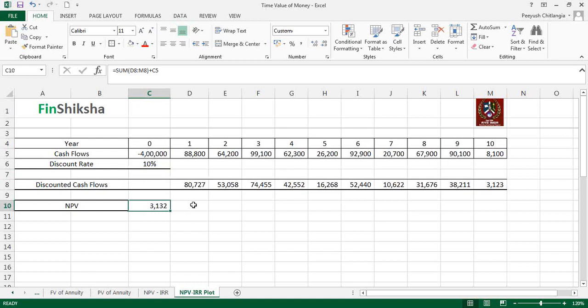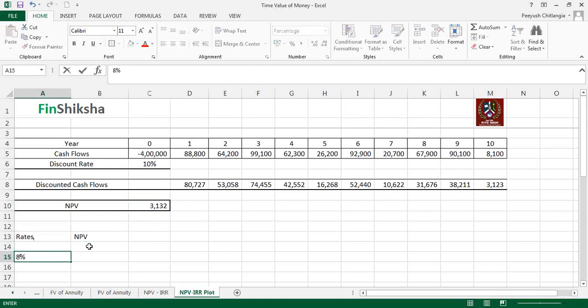We could also do the calculation using the NPV function, where we take the rate, we take the set of cash flows starting end of year 1, and we add the initial cash flow to that, and we get the same value, 3132, right? Now we want to plot it at various rates. So let's say we put rates here and we put NPV here, right?